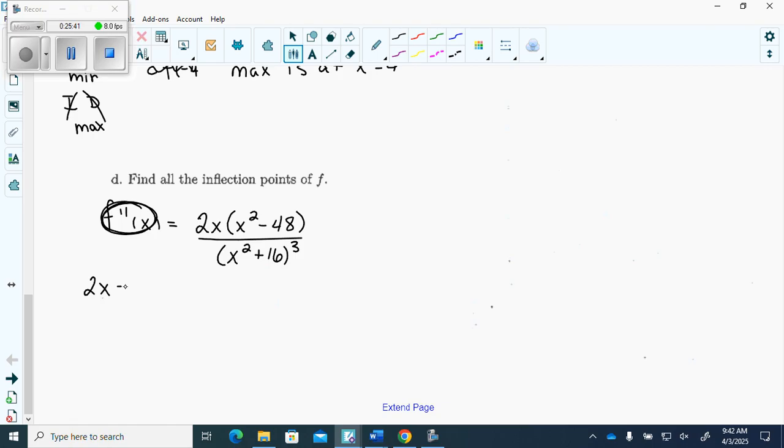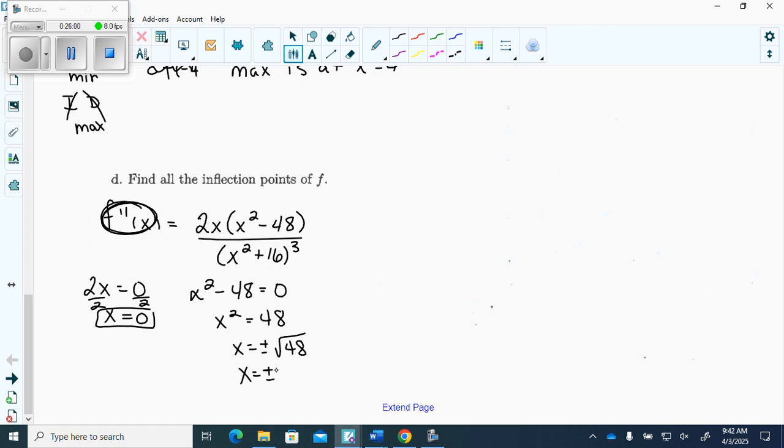So 2x equals 0, x equals 0. x squared minus 48 equals 0, x squared equals 48, x equals plus or minus root 48. 48 breaks down into what and what? 16 and 3, so it becomes 4 root 3. And no solution for the bottom, because it's an addition of squares.